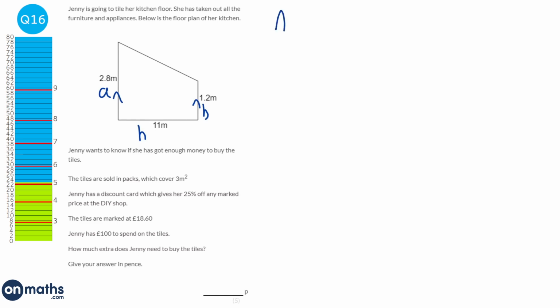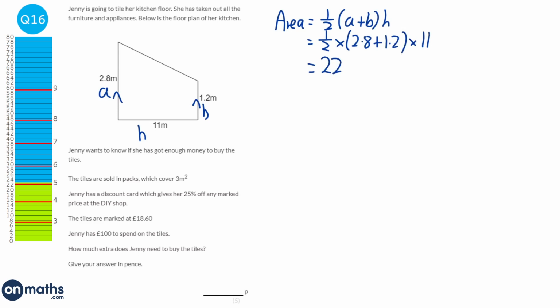So we're going to start off by writing down the formula, so it'd be half times 2.8 plus 1.2 times 11. And when we do that, we get 22. So the area of the floor is 22 meters squared.